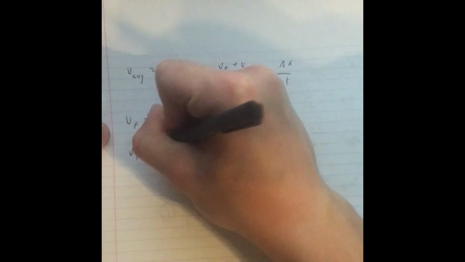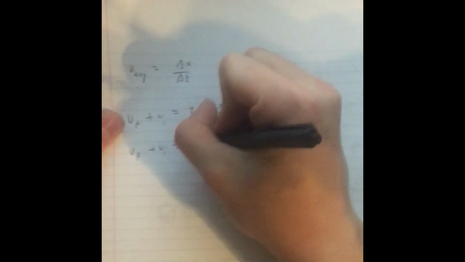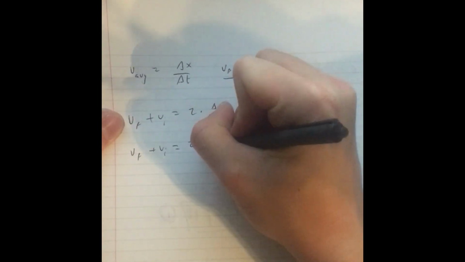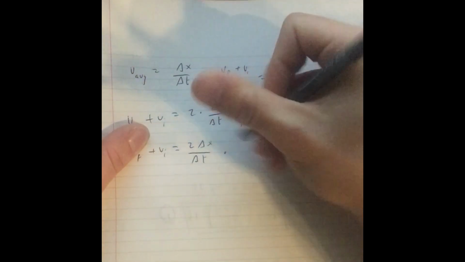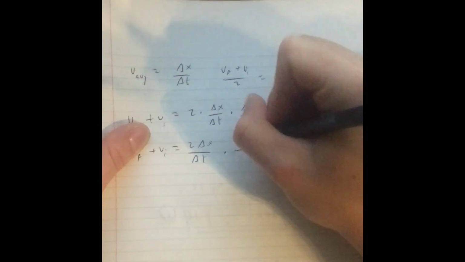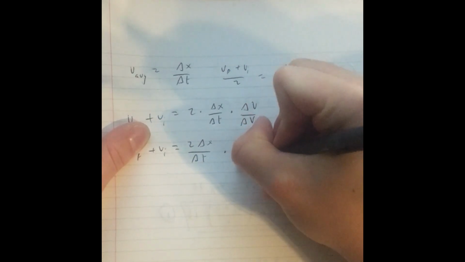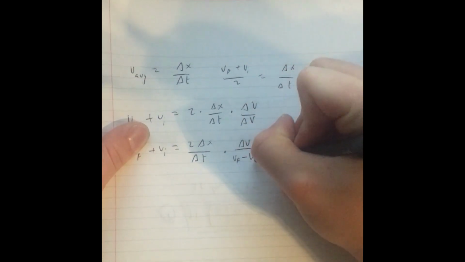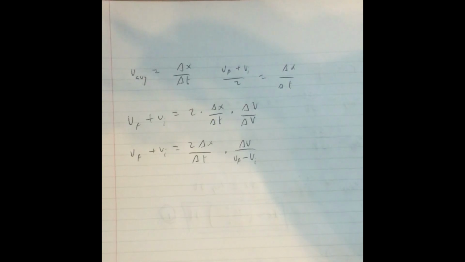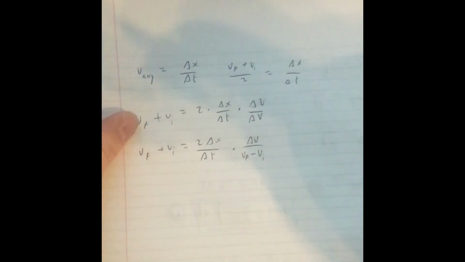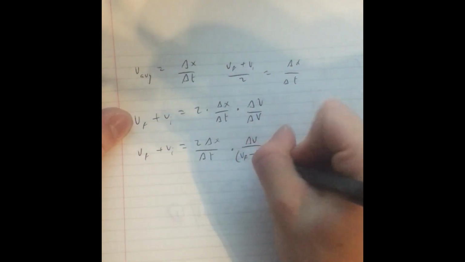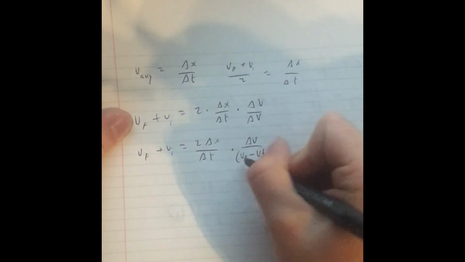So the sum of velocity final and velocity initial will equal 2 times displacement over change in time times change in velocity divided by the difference between final velocity and initial velocity. And now that we have that, we can multiply both sides by this here.